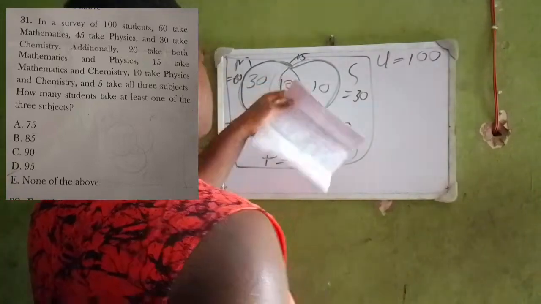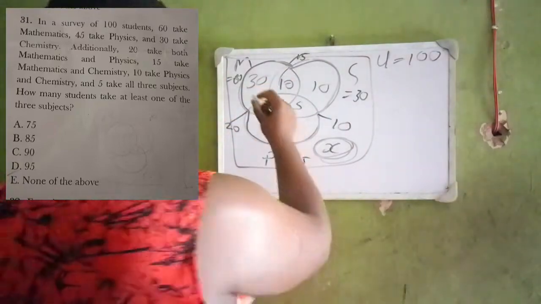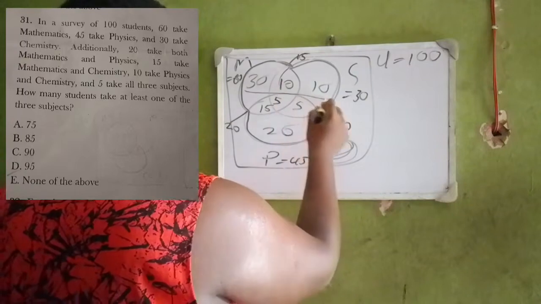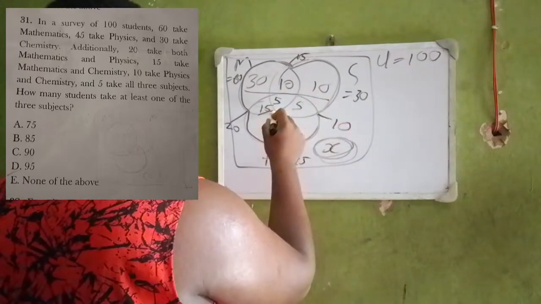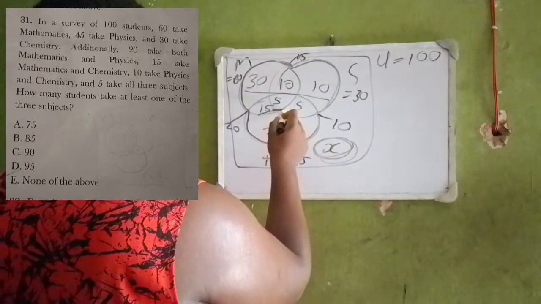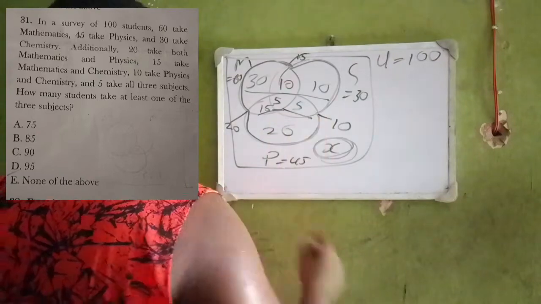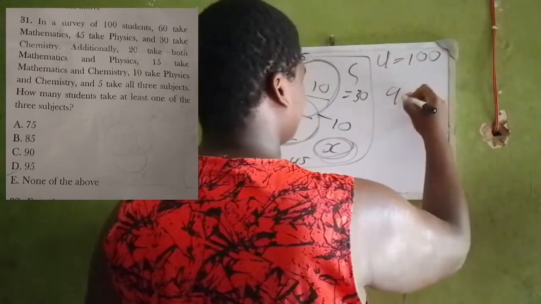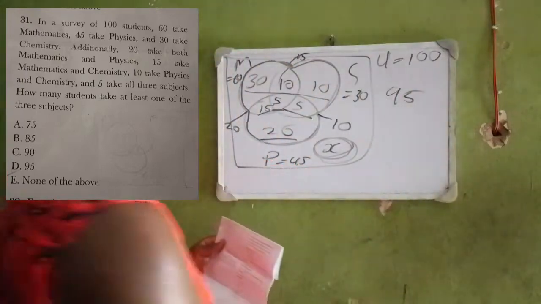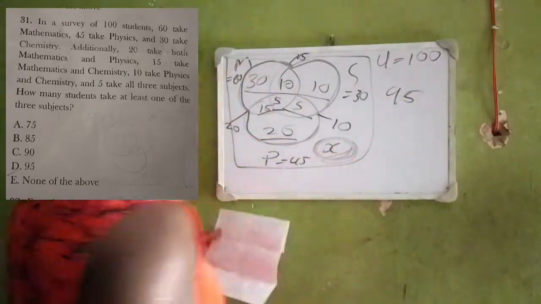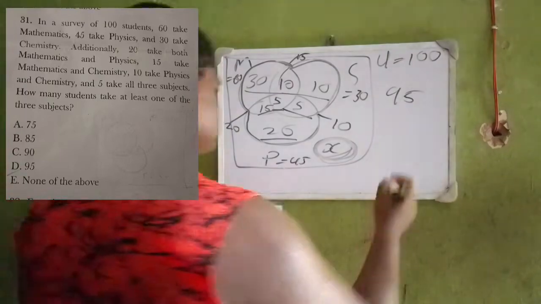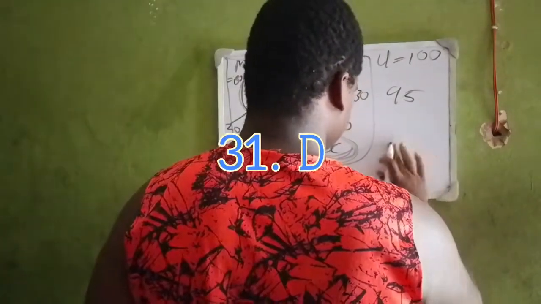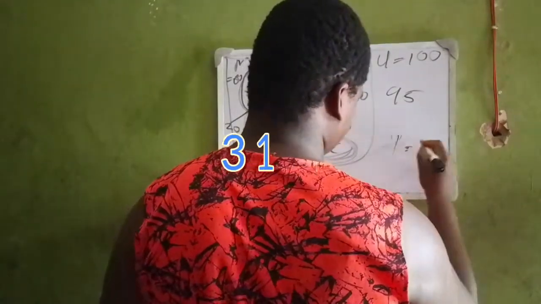So we have 30 plus 10, that's 40, plus 10, that is 50. 50 plus 15 is 65, plus 5 is 70, plus 5 is 75, plus 20 is 95. So 95 students are inside this bracket. That means only 5 students don't take anything at all. So that's option D, question 31.